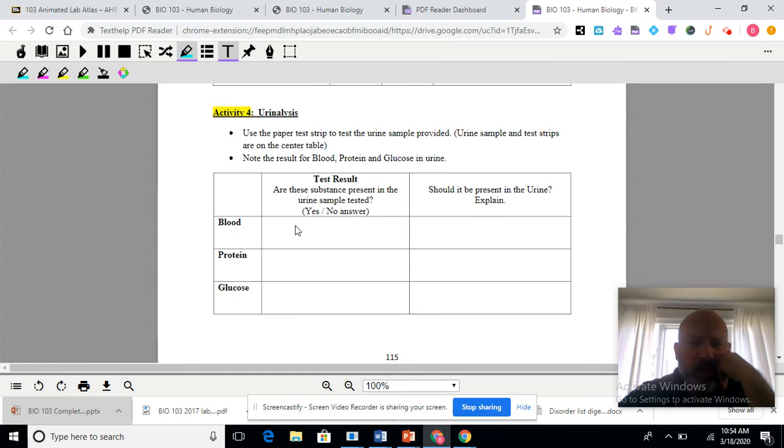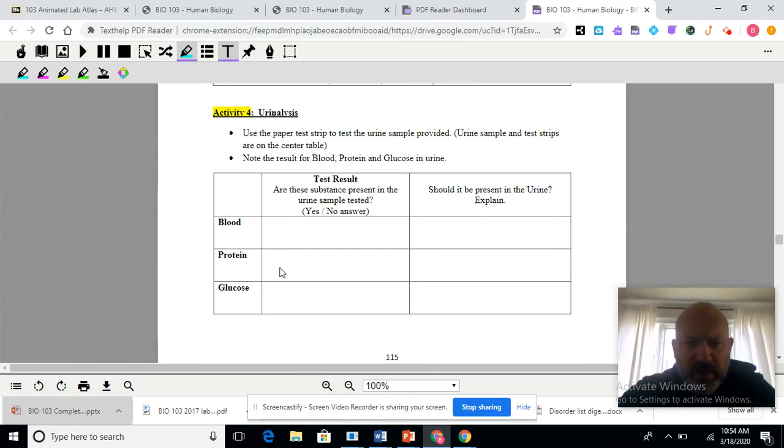If we do see blood in the urine, remember red blood cells, even though they look small, are actually too big to leave the blood through the walls of the glomerulus. So if there are whole red blood cells in your urine, that's a sign that the blood pressure is too high, forcing the red blood cells to leave the capillaries and enter into the filtrate.